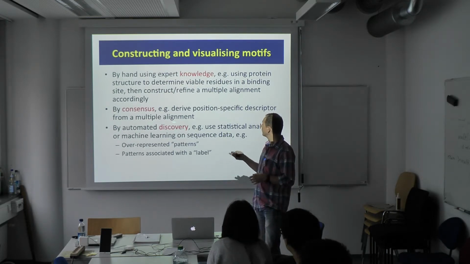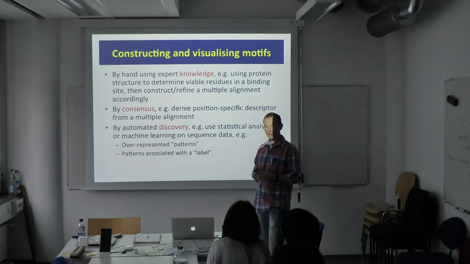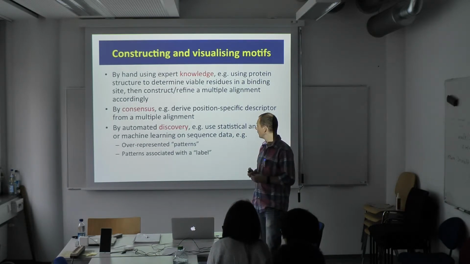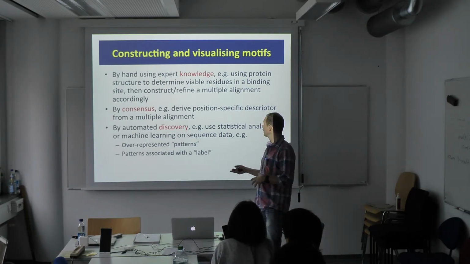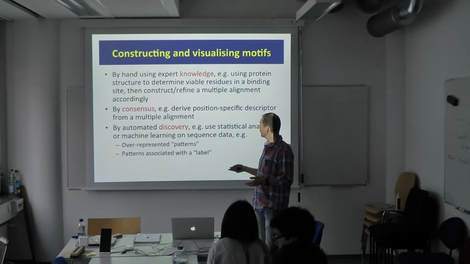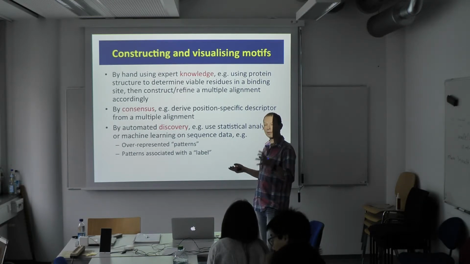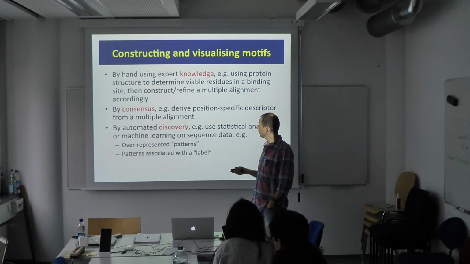Or it could be done through automated discovery. The use of statistics here is key, or machine learning methods. Statistics will help us to understand what is overrepresented or underrepresented, for that matter, and machine learning techniques will help us to deal with data where we have labels assigned to our data points.